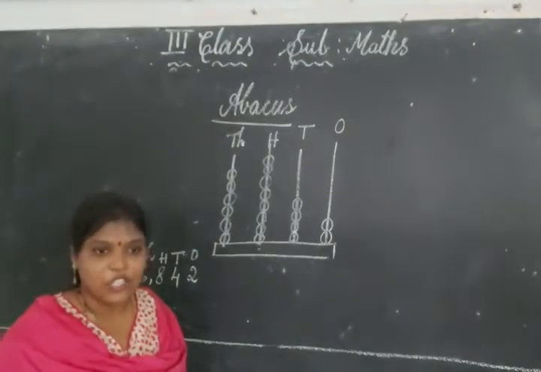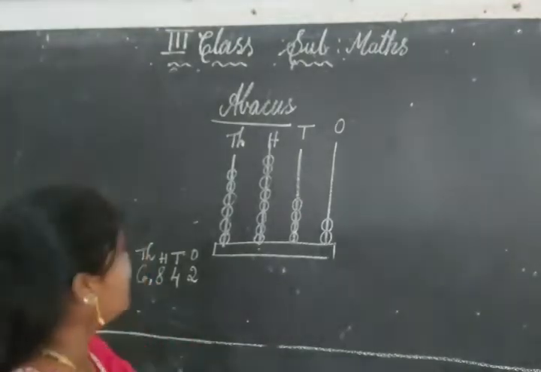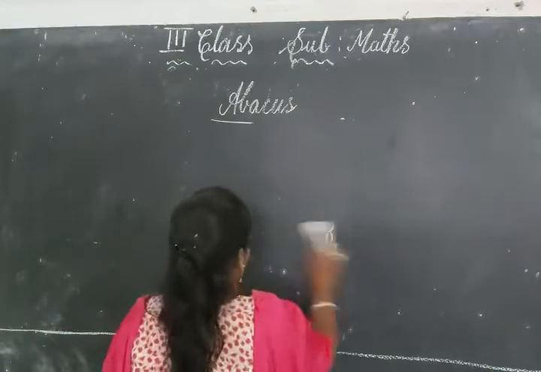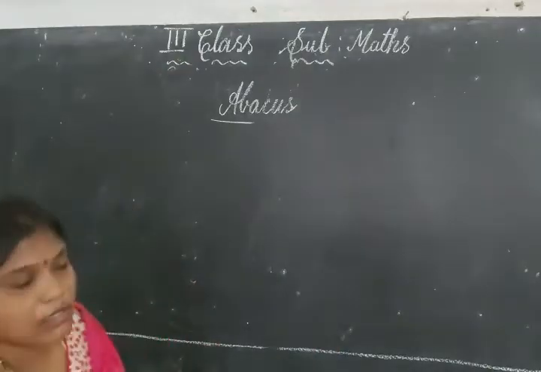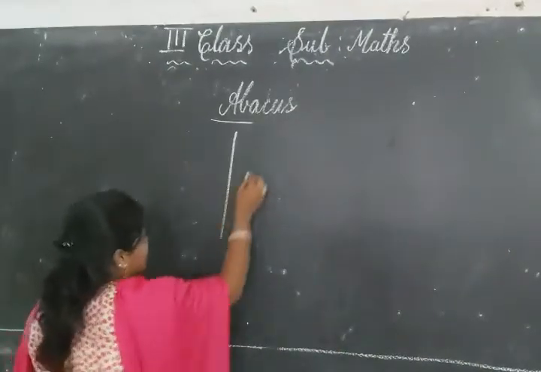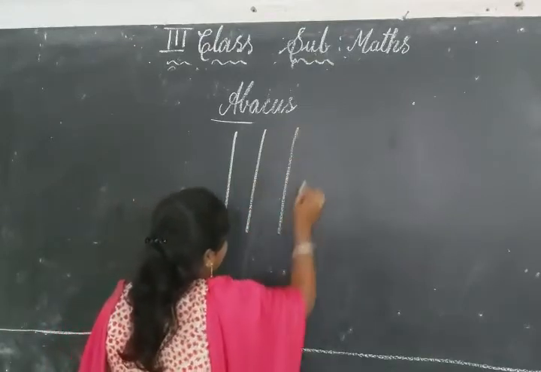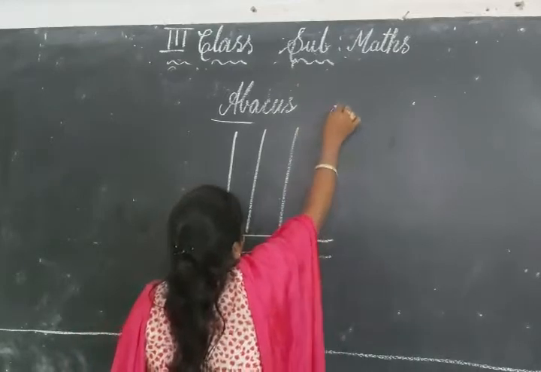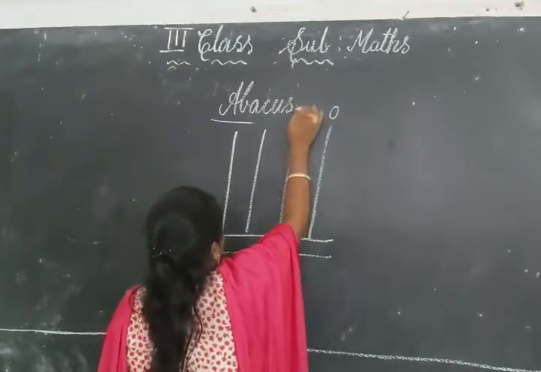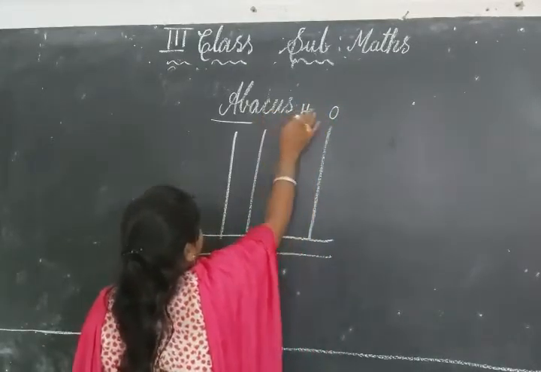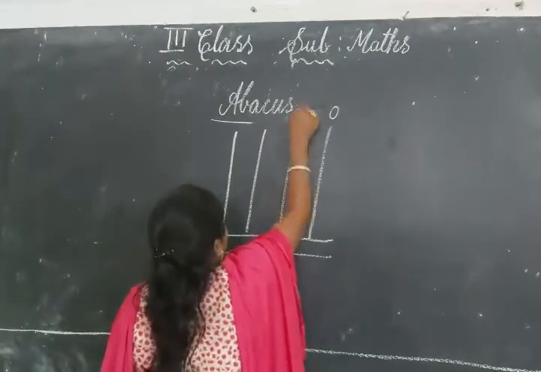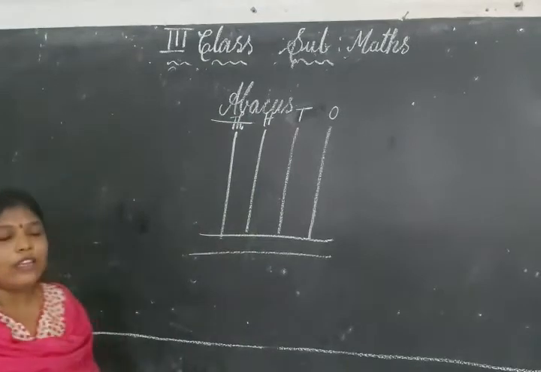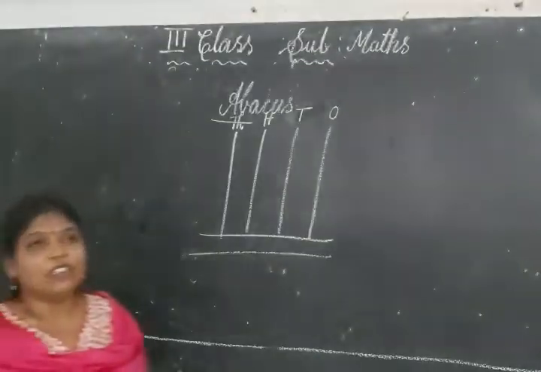Do you understand, children? Let us see one more example. Again, draw an abacus by drawing vertical lines and write the place values above the vertical lines. Now, take some other number.